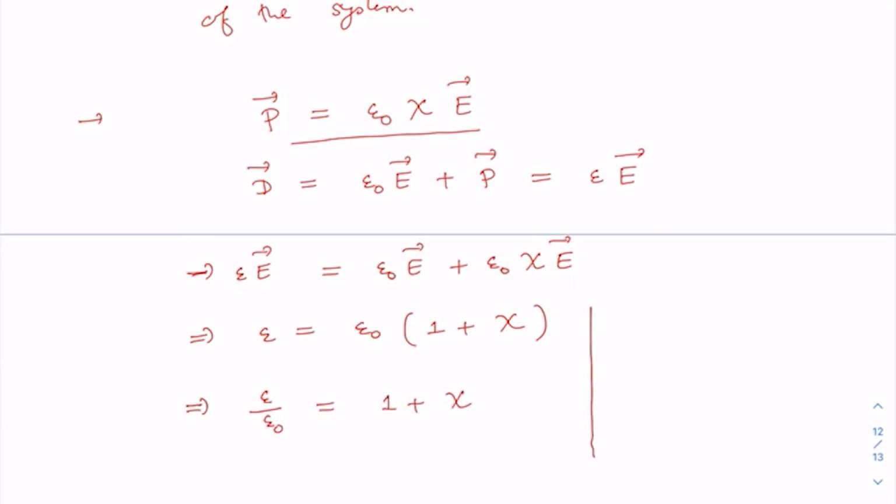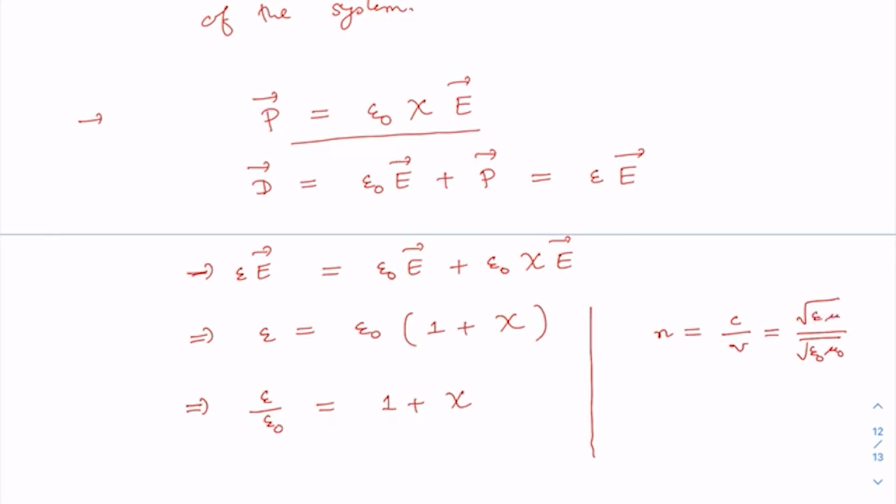Now recall the refractive index. It's not exactly the way we should do it, but tentatively let us understand it this way. The speed of light is 1 by square root of epsilon 0 mu 0, and v is the speed of light in the medium, which is 1 by square root of epsilon and mu.